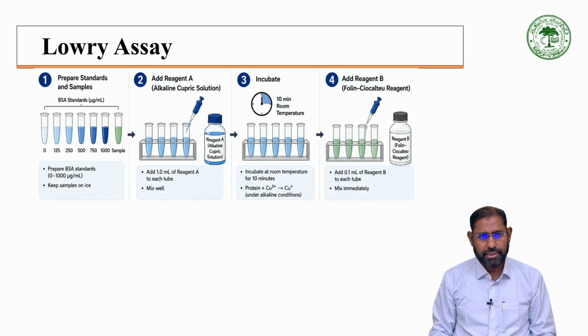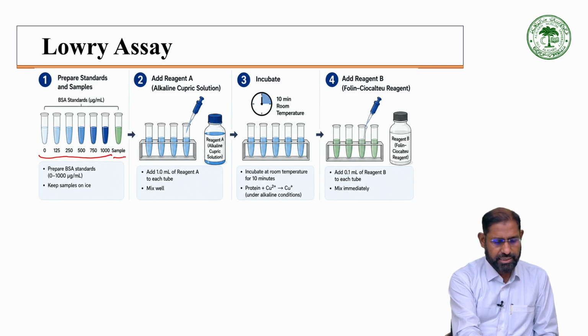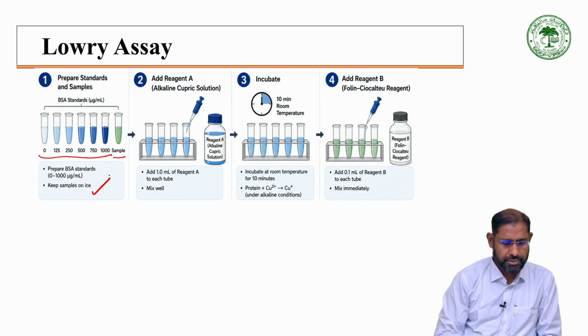Now the Lowry assay is also one of the methods to quantify proteins. In this case also we prepare the standard samples, that is BSA standard in the concentration microgram per ml, from 0 to 1000. These are the samples, and we keep the samples on ice.